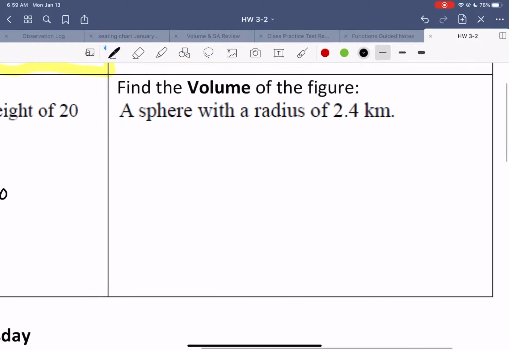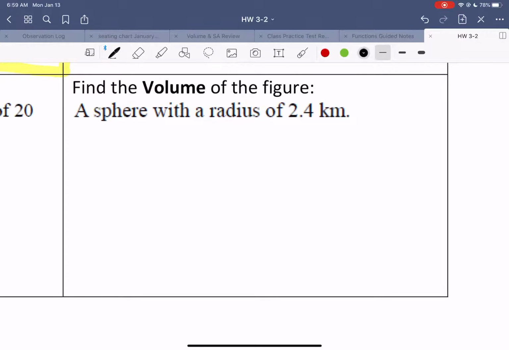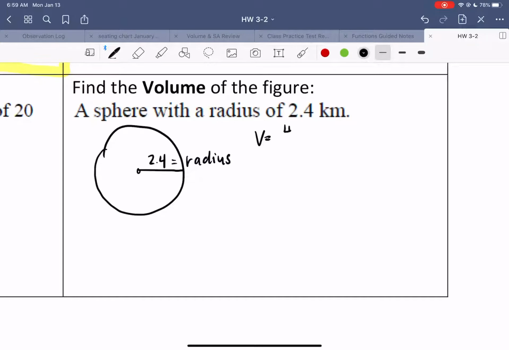And moving to finding the volume of the figure, which is a sphere with a radius of 2.4 kilometers. So I cannot draw a sphere, but I'm going to draw a circle and write that 2.4 as my radius. And then we have a sphere, which we have 4/3 pi radius cubed. So this is our formula. This one's really straightforward.